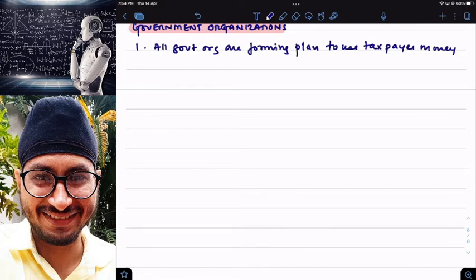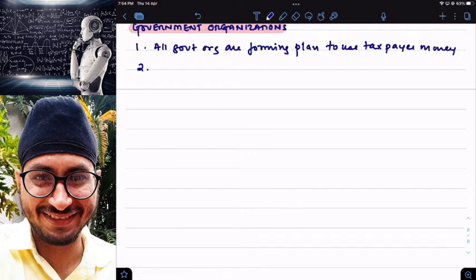Why, sir? Because it is not the government's money, right? It is our money. They have to utilize it in an efficient and effective manner, for which they have to prepare a plan. Without preparing a plan, they will not be able to utilize money; they will misutilize the public money.